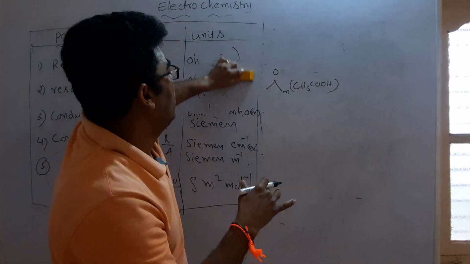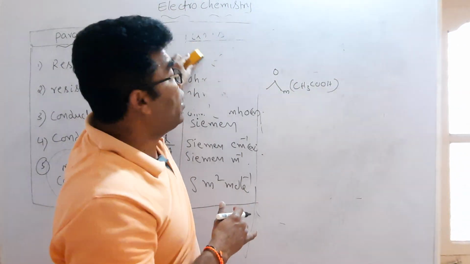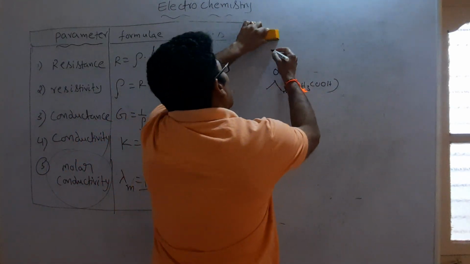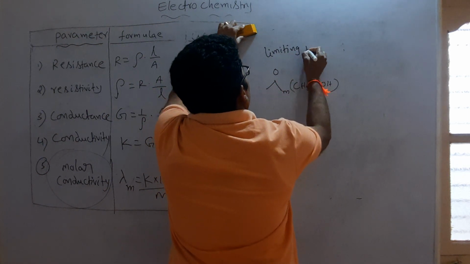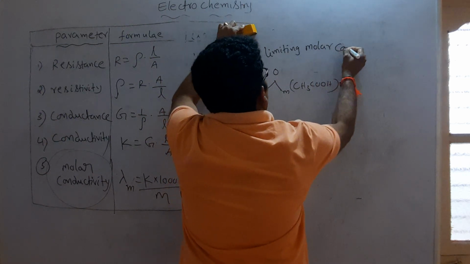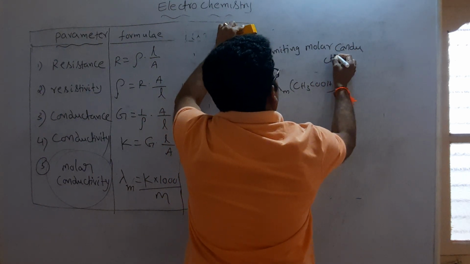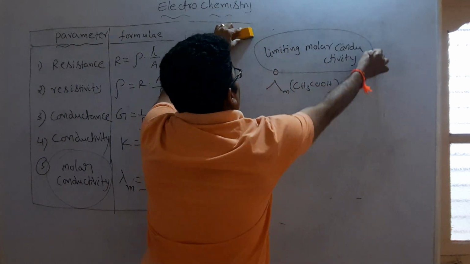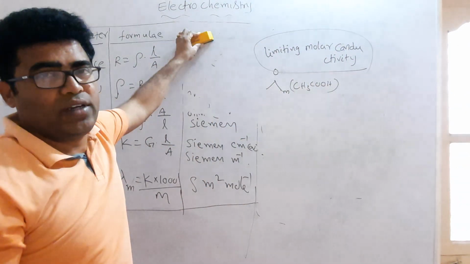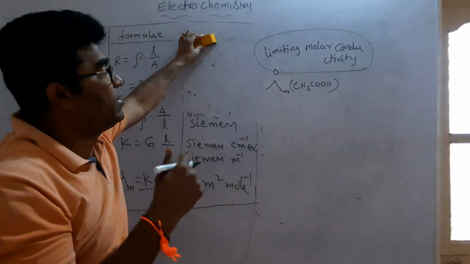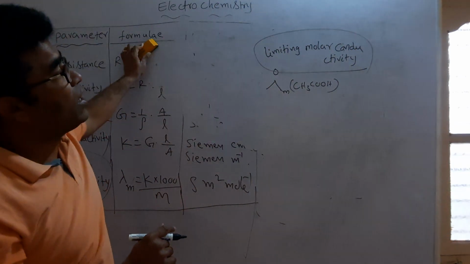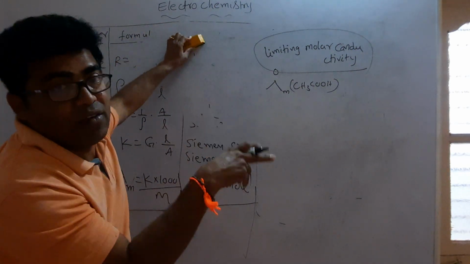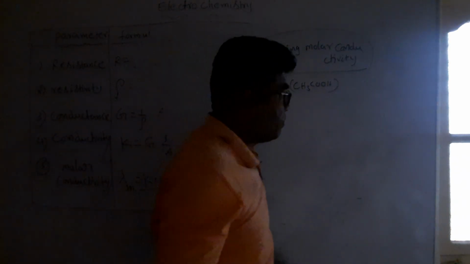The molar conductivity at infinite dilution is also called limiting molar conductivity. The molar conductivity of an electrolyte at infinite dilution is called limiting molar conductivity. The limiting molar conductivity of a weak electrolyte cannot be determined experimentally.